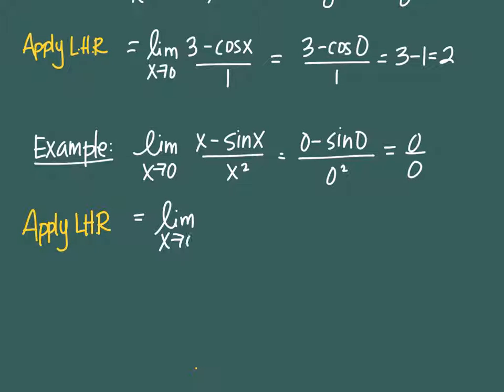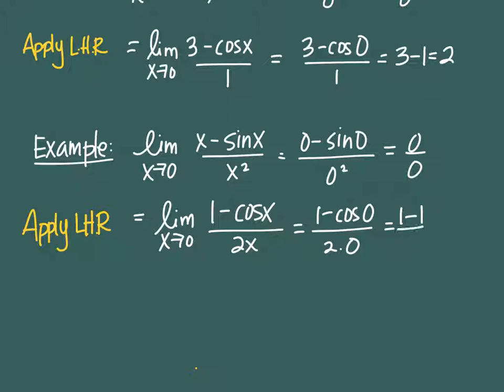And L'Hopital gives us 1 minus cosine over 2x. So that gives me 1 minus the cosine of 0 over 2 times 0. That's 1 minus 1 over 0, and I get 0 over 0 again.